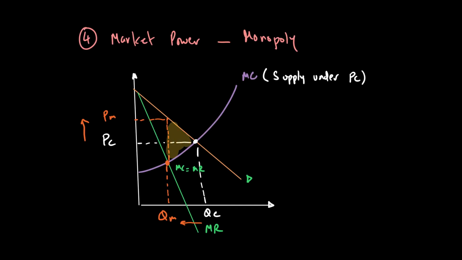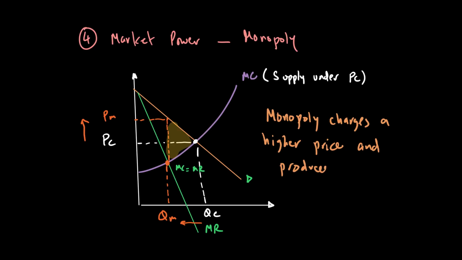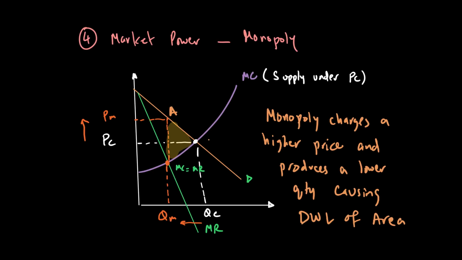So what we say is that the monopoly charges a higher price and produces a lower quantity, causing deadweight loss of area, let's call it ABC.